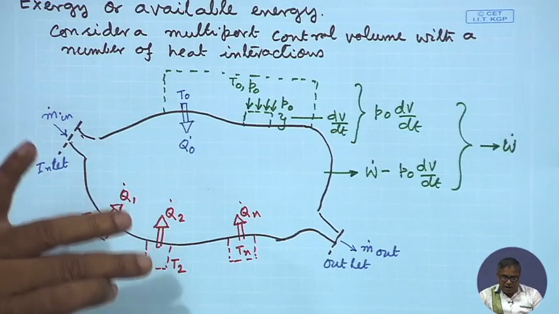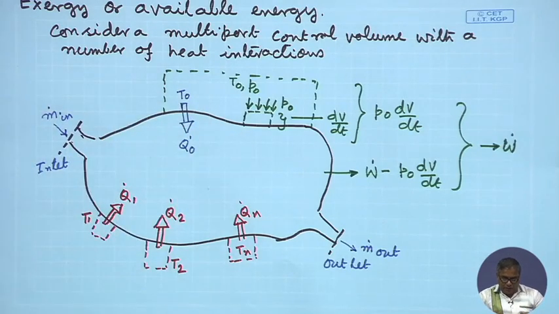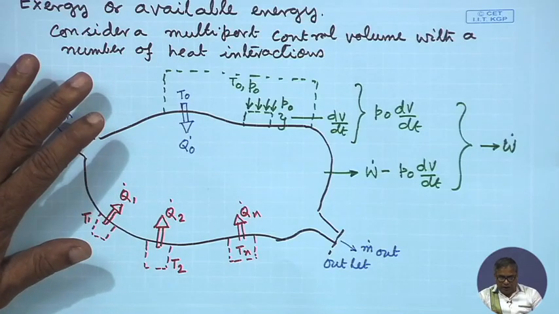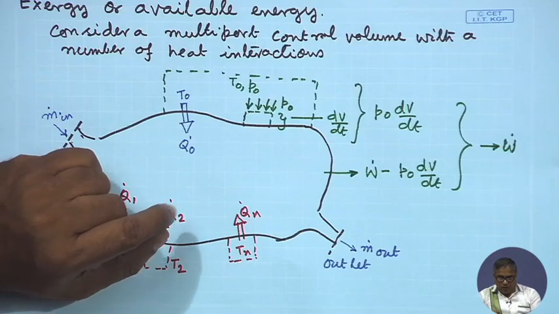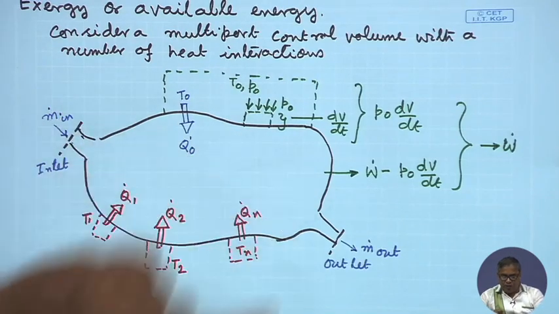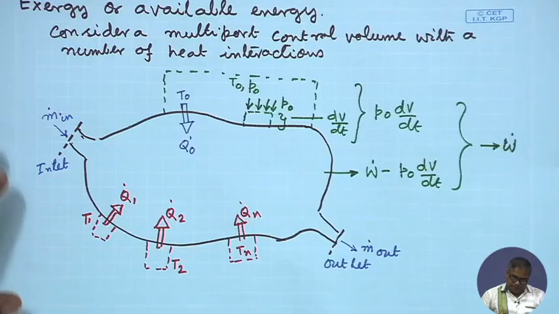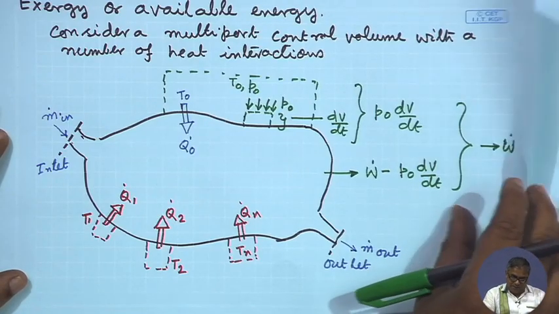So, there could be heat transfer, and if the control surface is a movable surface, then there will also be interaction between the surrounding and the control volume. There will be change of volume and some work will be done by the atmospheric pressure, or by the pressure of the environment. This is how we can represent a general control volume with different kinds of interaction.